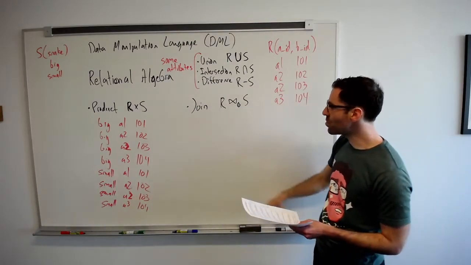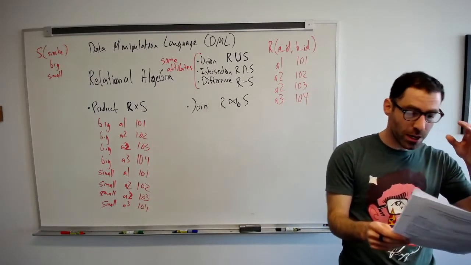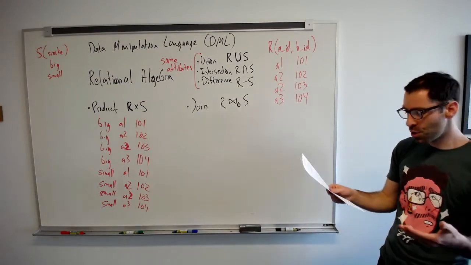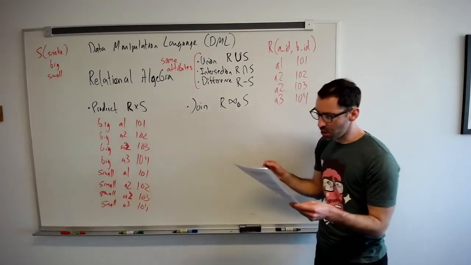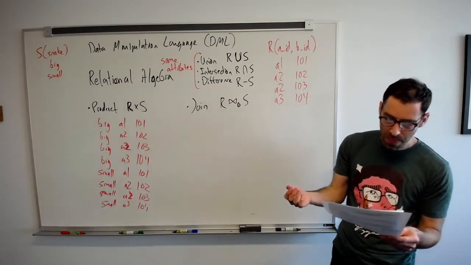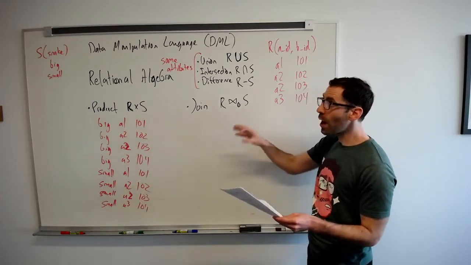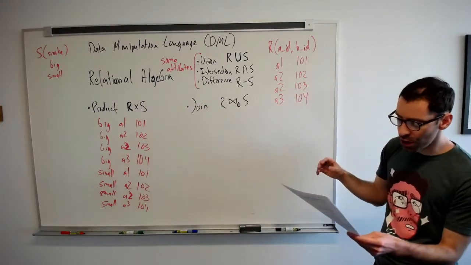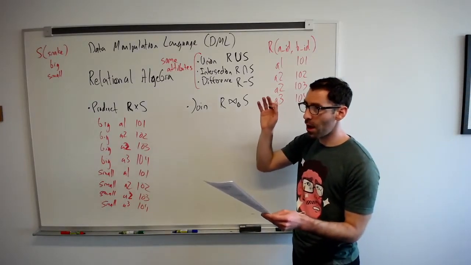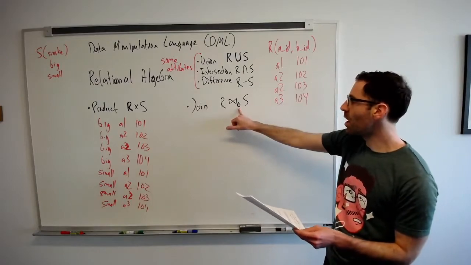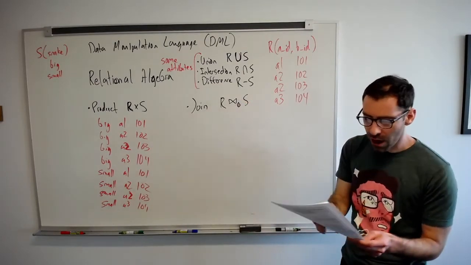And so what join will do is take in two relations, R and S, and output a relation that's the combination of tuples where the attributes as defined by theta, or all attributes if we leave it off, are the same.